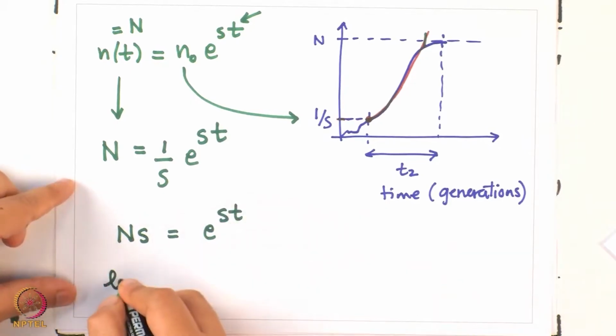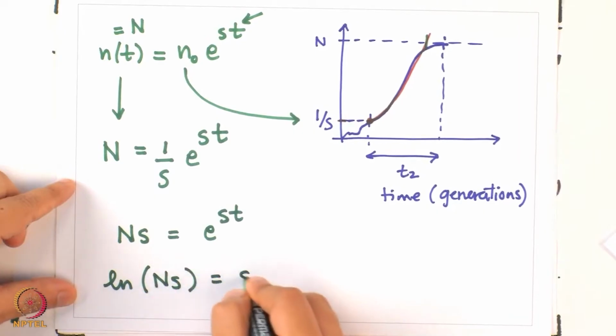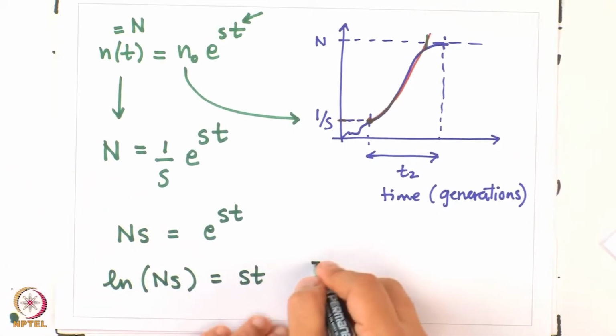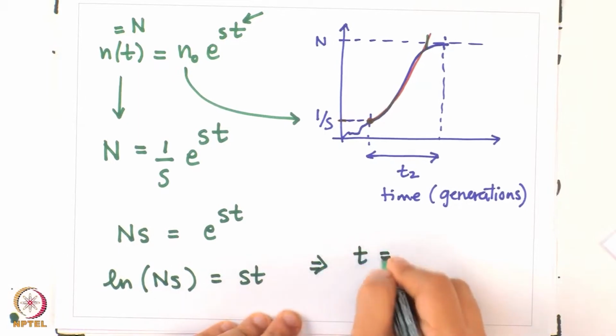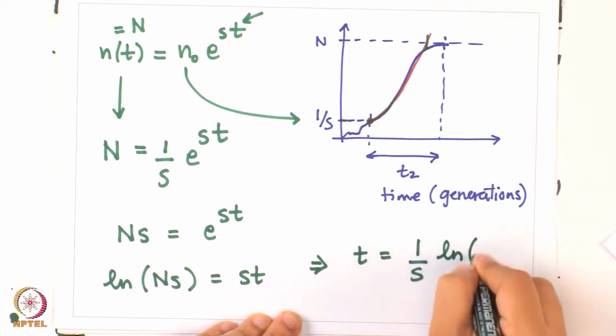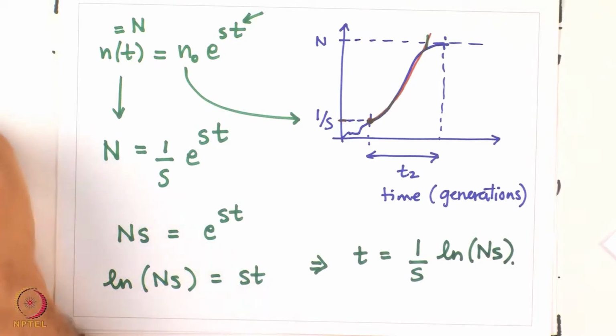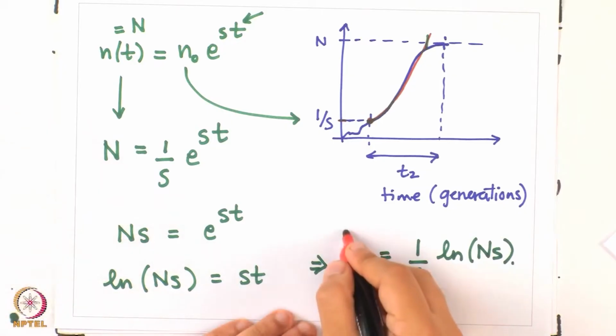So, I get natural log of Ns equal to st, which implies that t is equal to 1 upon s times ln of Ns. That is my estimate for time T2.